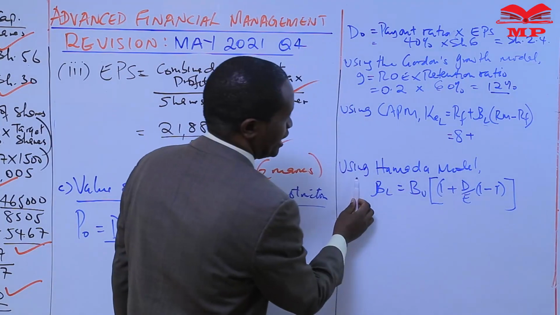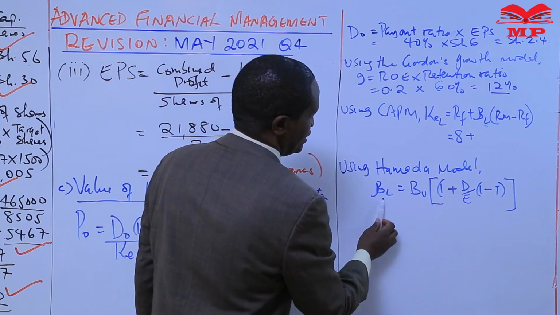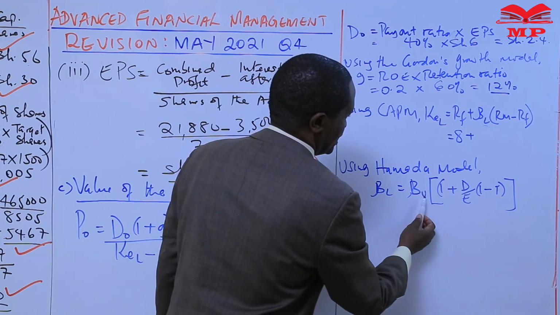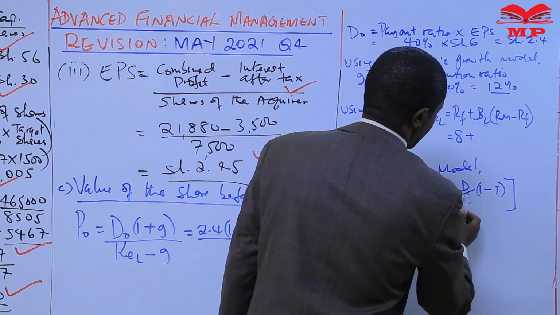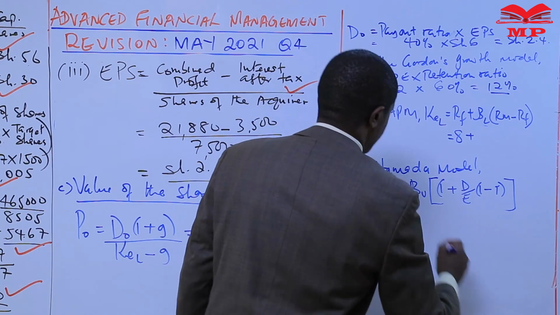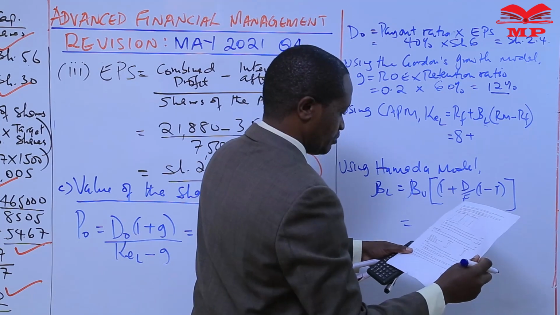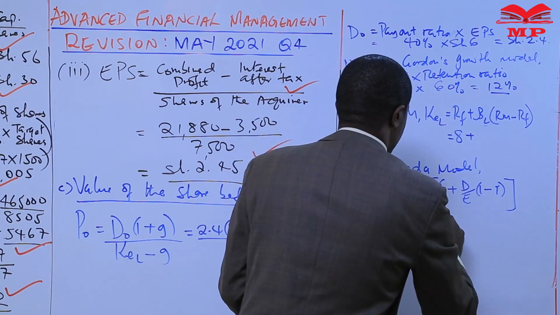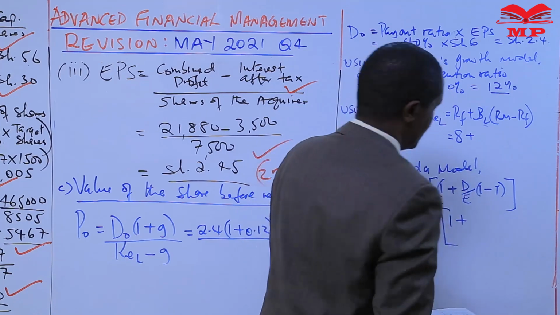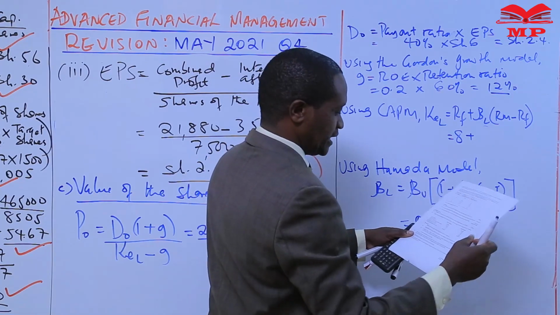So using the Hamada model, we are going to work out the beta of the levered firm, which is equal to the beta of the unlevered firm times 1 plus D over E times 1 minus T. The beta of the unlevered firm is what we have in this question, 0.9, times 1 plus D over E. This is a ratio which we also have in this question, the debt equity ratio.